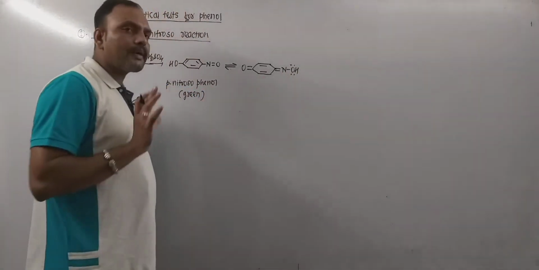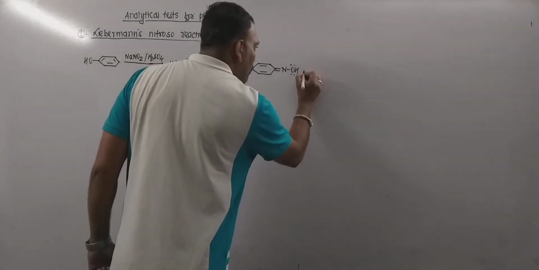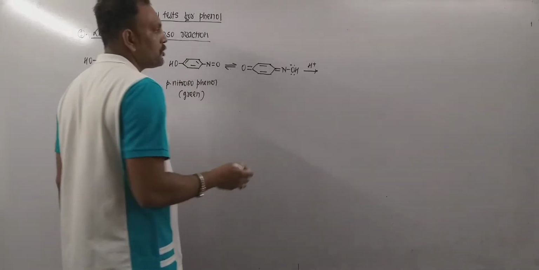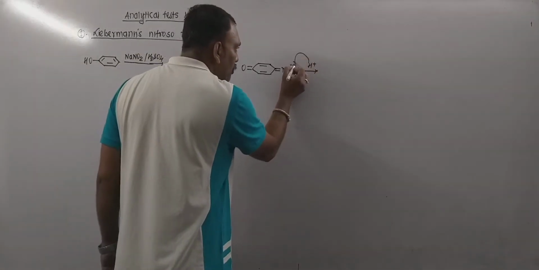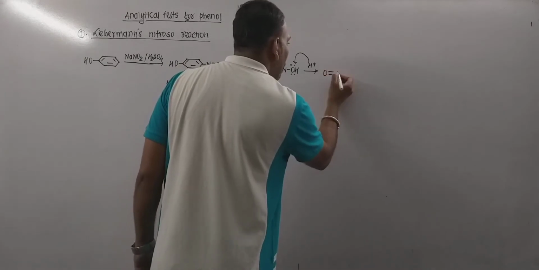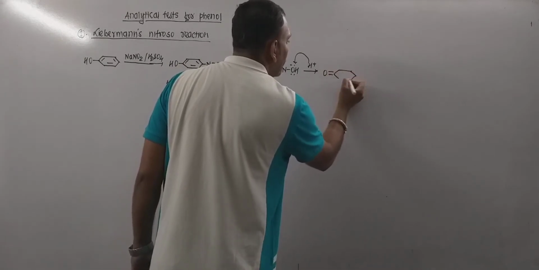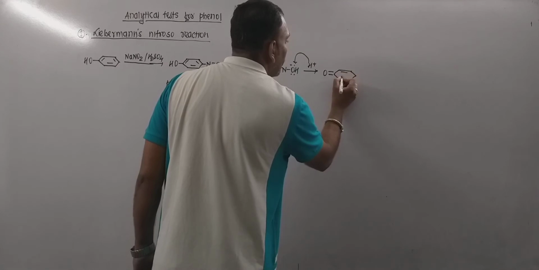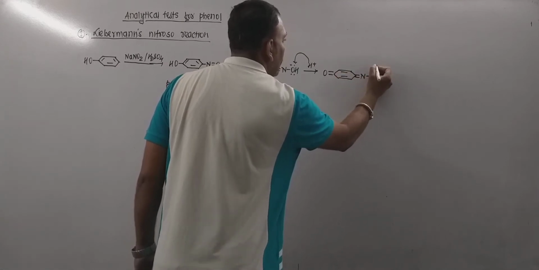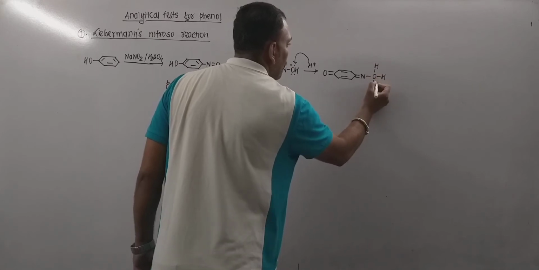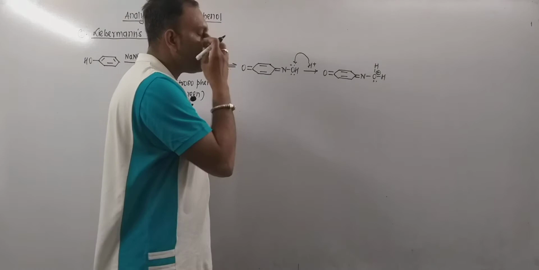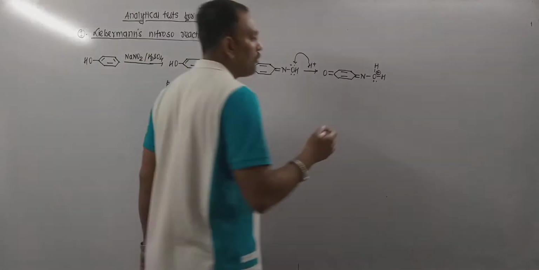Now exactly what happens? This oxime gets protonated. We are using H2SO4 right here. So the proton attacks on oxygen, and that leads to the formation of a protonated derivative, in which oxygen bears positive charge as it used its lone pair.